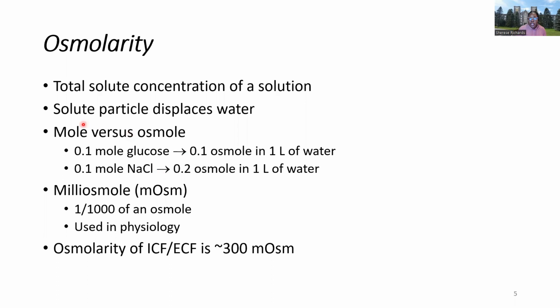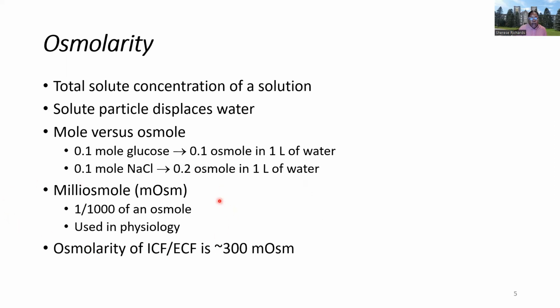So we have to think about the total number of solute particles displaced in a solution of water. Because a molecule like sodium chloride can further dissociate once it enters a solution of water, the osmolarity for that will be different than simply looking at the molar concentration. So the osmolarity will be 0.2 osmoles as it is dissolved in a liter of water.